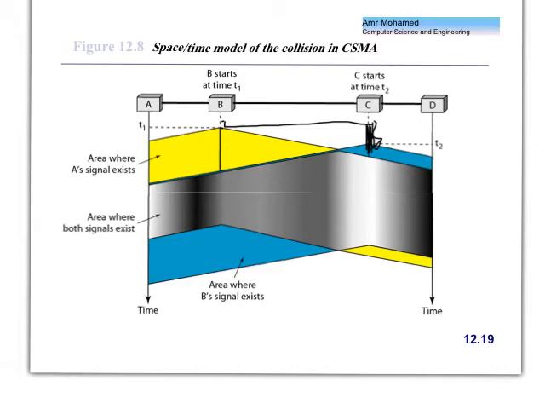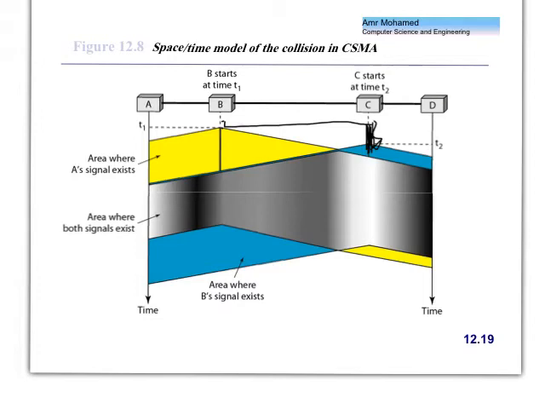And that's the problem with C, that C unfortunately hears B in a delayed time. So it sends blindly, and then later it will detect the collision here.